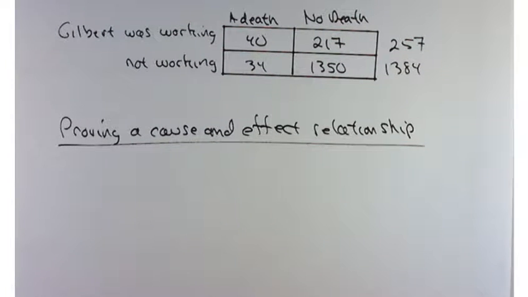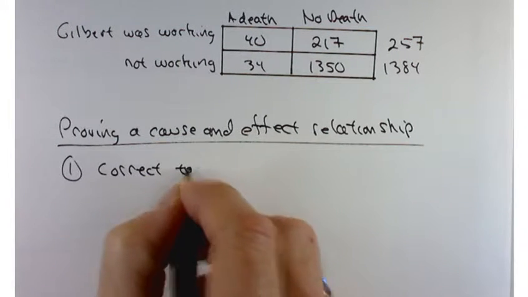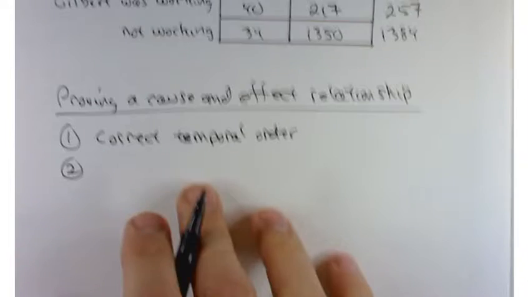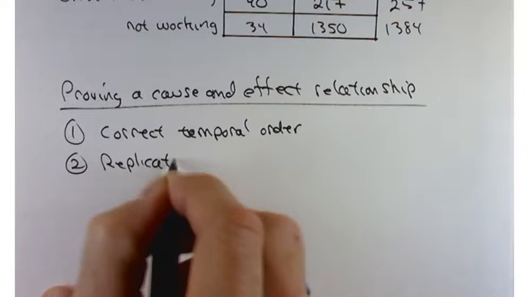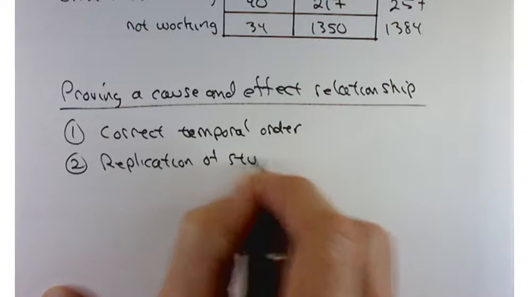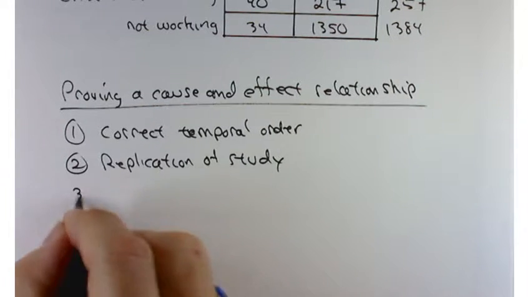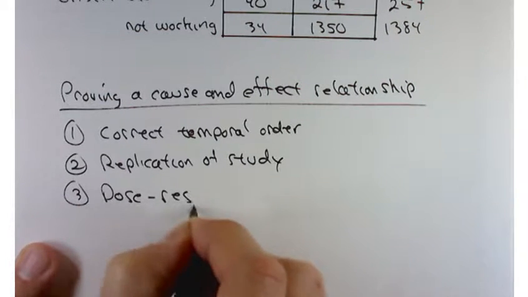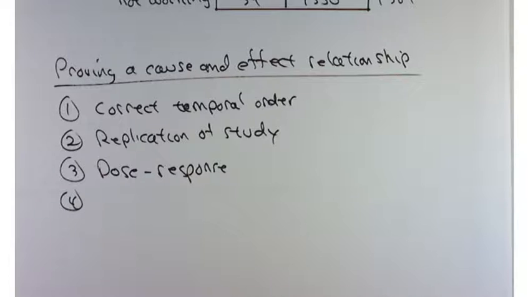There were 5 things that I said that you needed to establish in order to prove a cause and effect relationship. 1 is the correct temporal order. 2 is replication of studies. You should have study after study showing similar or the same results. You should have, where possible, a dose response. You should have longitudinal studies.